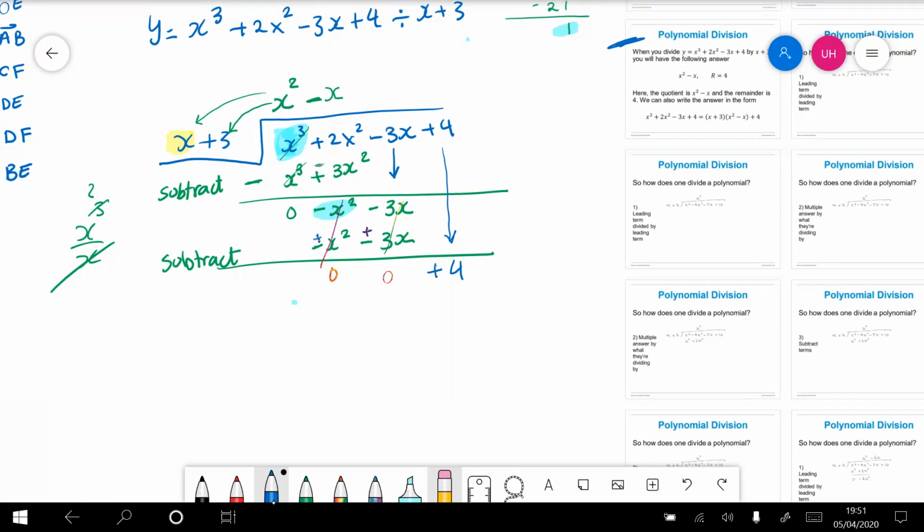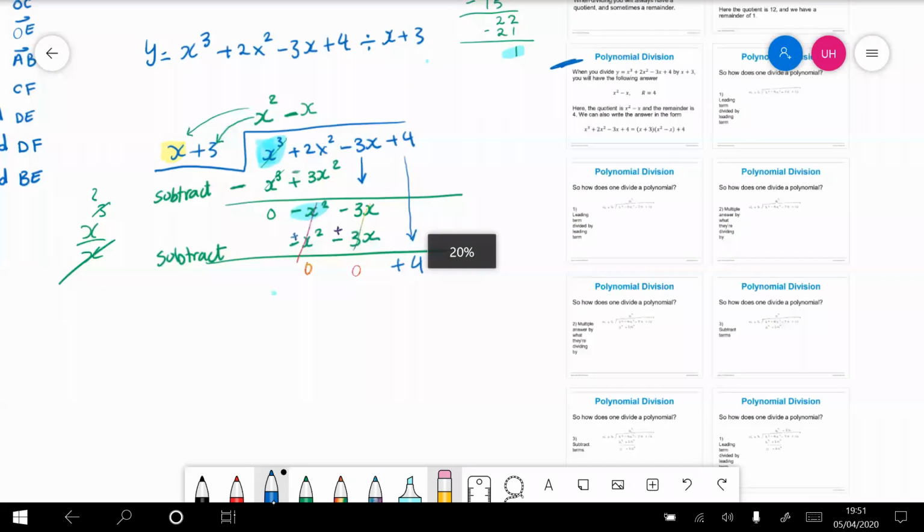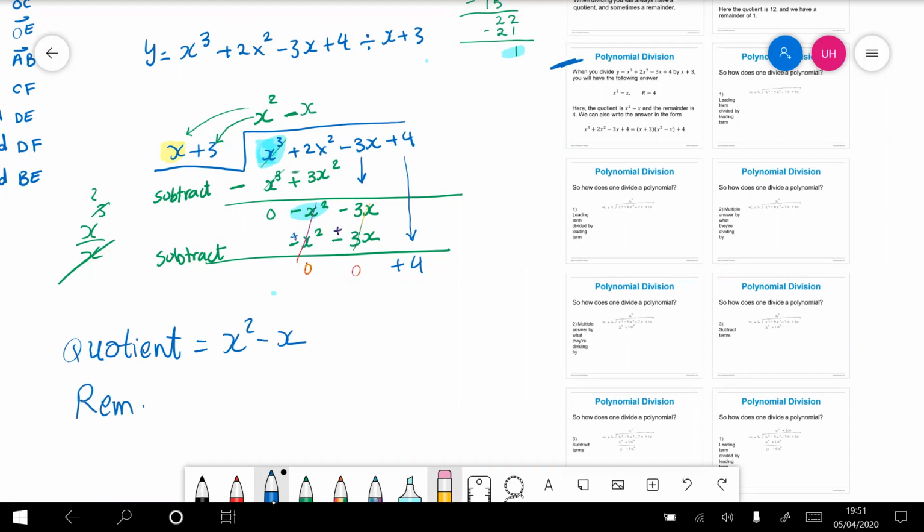So in this case, the quotient is x squared minus x, and the remainder is 4. So the quotient equals x squared minus x, and the remainder equals 4.